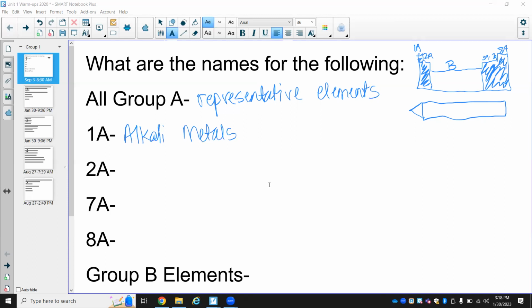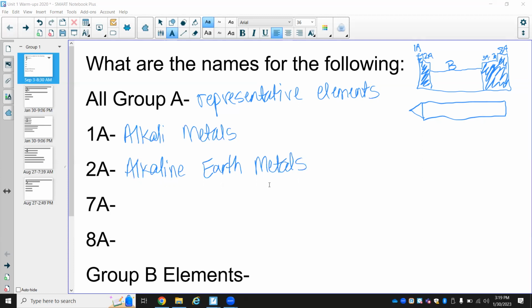Whereas group 2A is alkaline earth metals. People tend to confuse these two or start mixing up the names. So make sure that you have group 1A is alkali metals and group 2A is alkaline earth metals.